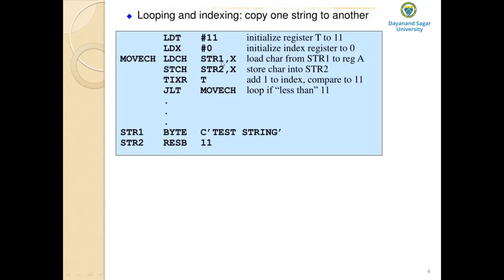Again copy the next byte from str1 into str2. This process is repeated until X becomes 11. When both registers become 11, the condition code is set to false.